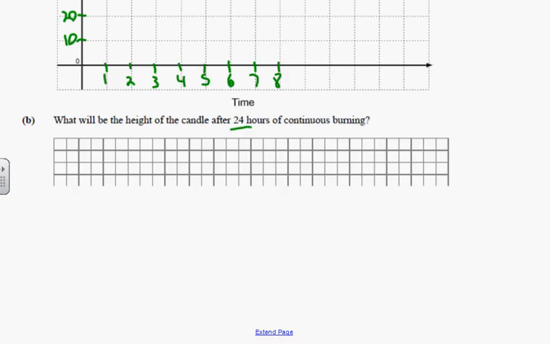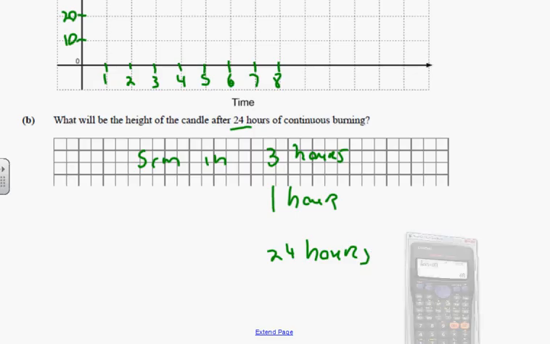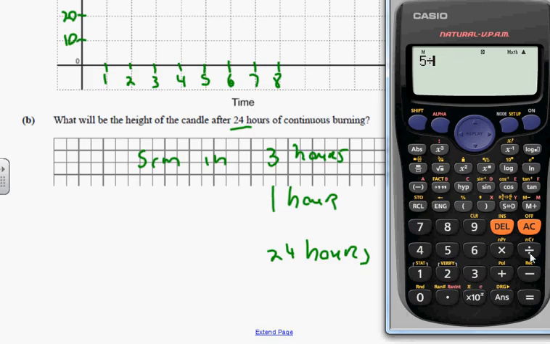Okay. Would everybody agree? 5 centimeters in 3 hours. If I find out how much 1 hour is, I can then find out how much 24 hours are. So, it's what Bill was saying. 5 divided by 3. Now it's actually not 1.6, believe it or not. See the dots?